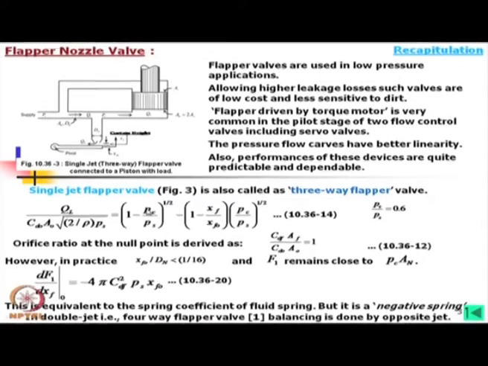It will become very easy to control the motion of this flapper. Therefore, double jet is very common where we use the flapper jet valve, and as mentioned here, this is usually used to control the pilot stage of a main stage servo valve.